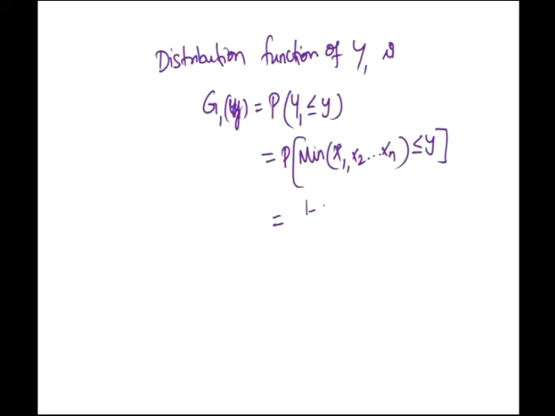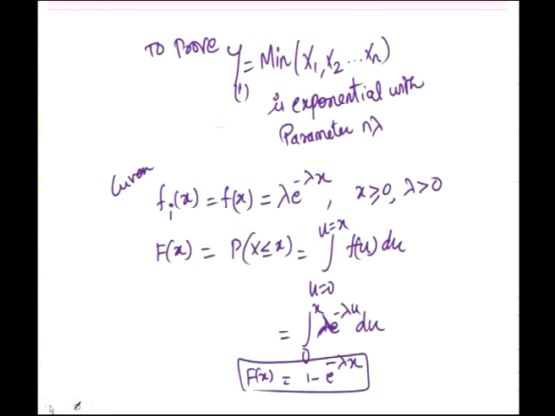for the smallest order statistic, the CDF is given by 1 minus of 1 minus F of y whole power n. This is by equation 3. Just refer in the previous session, this is by equation 3. So, our F of y is 1 minus e power minus lambda y.